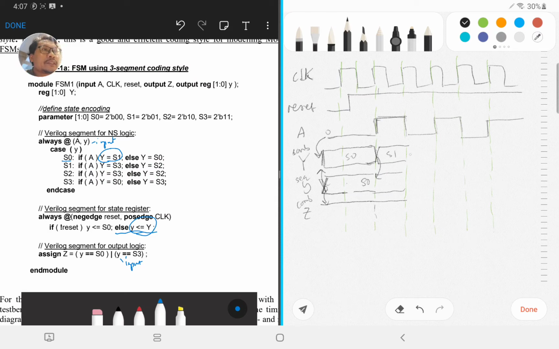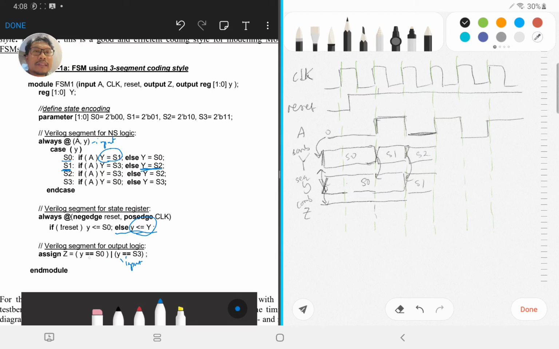Let's continue. Here, transfer here, S1. Now, S1 on the small y, A is 0, so S2. Let's continue.